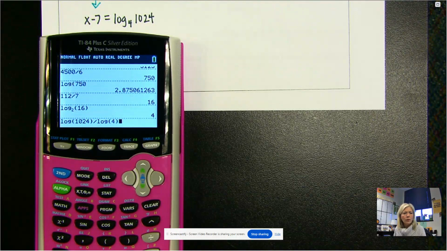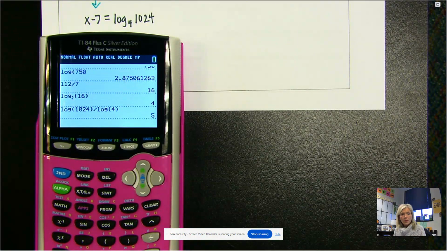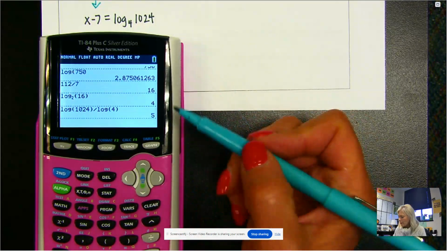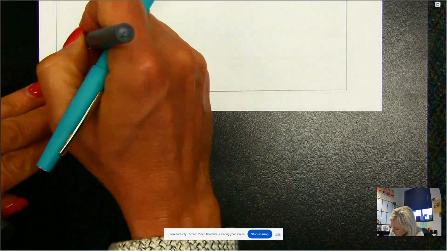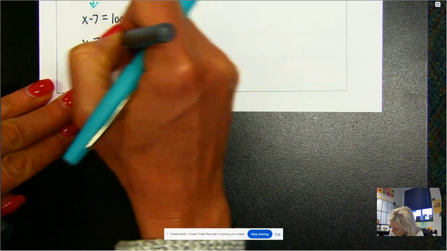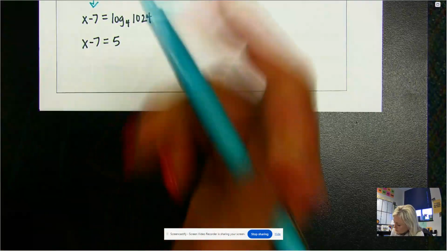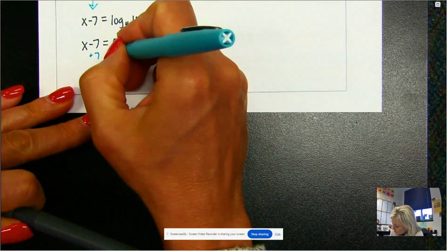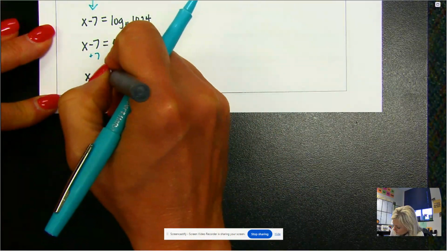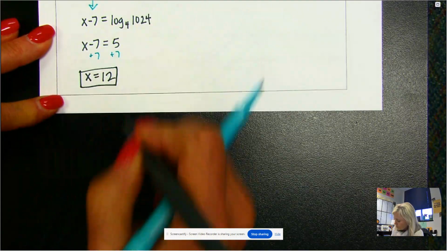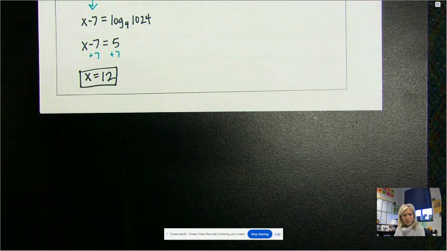So the log of the base always comes second. And so it's equal to 5. That means 4 to the 5th. Oh yeah, we had that actually in an earlier problem. So what that tells me is x minus 7 equals 5. So then we're going to add the 7, x equals 12.